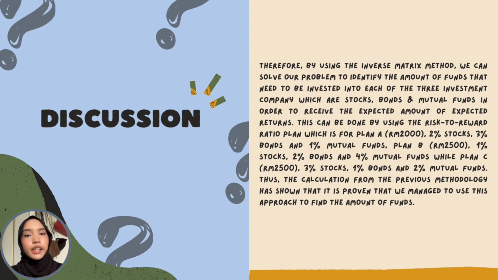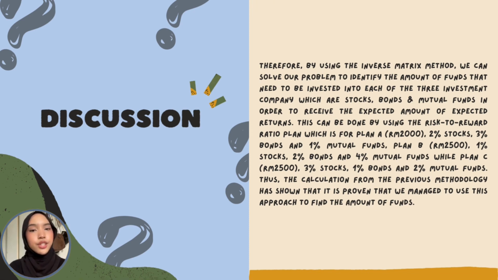For plan B, the return is 2,500 ringgit Malaysia, the ratio is 1% of stocks, 2% of bonds, and 4% of mutual funds. While for plan C, the return is 2,500 ringgit Malaysia, the ratio is 3% of stocks, 1% of bonds, and 2% of mutual funds.